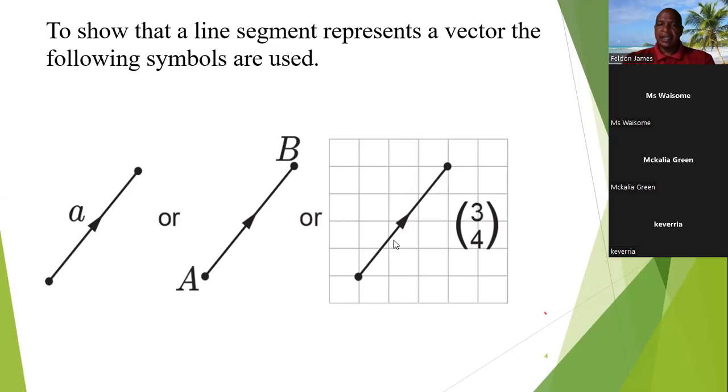That kind of representation, we call position vectors, when we use coordinates to represent them. All right, so these are the different representations you may see for vectors.